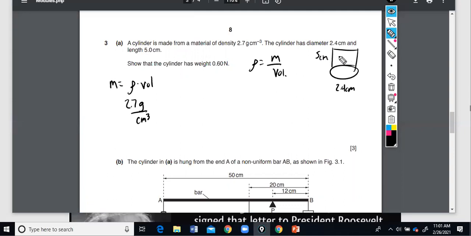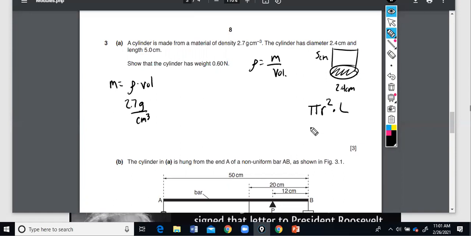And so what's the volume of this? We could say it's the area of the base, the two-dimensional area, which is a circle, so pi r squared, and then times the length, L. It's in centimeters cubed, and these are in centimeters, so no need to make life harder on ourselves.